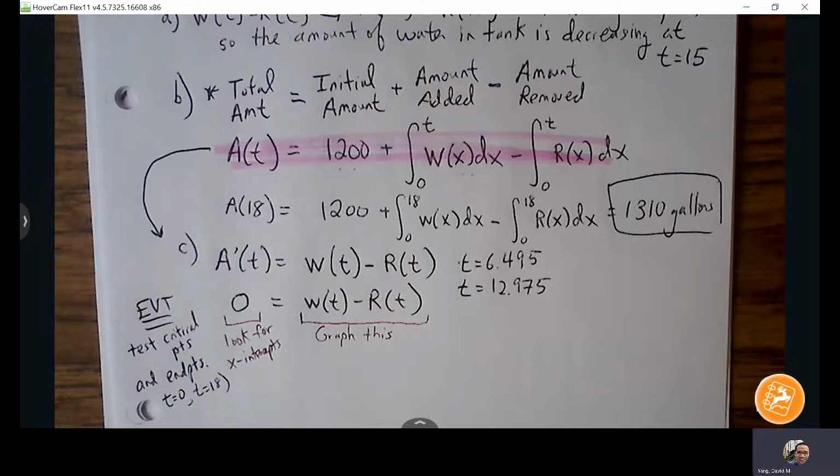Yeah, and then make sure you're in radian mode, right? Otherwise, the graph is not showing up. We're always in radian mode.